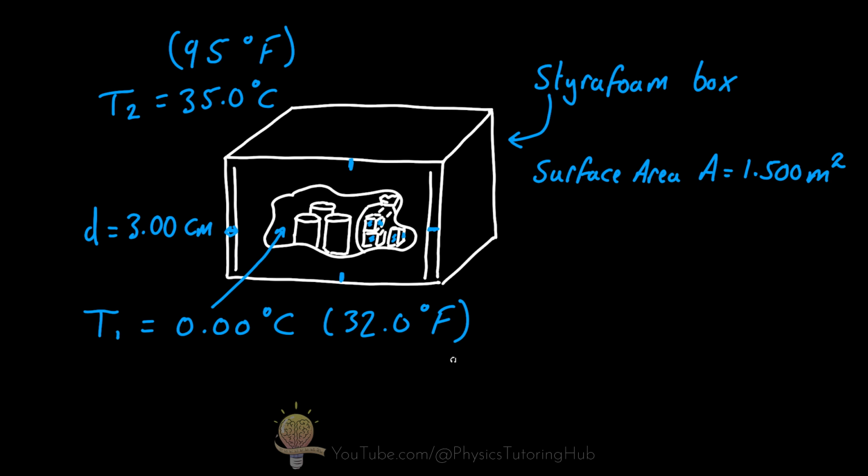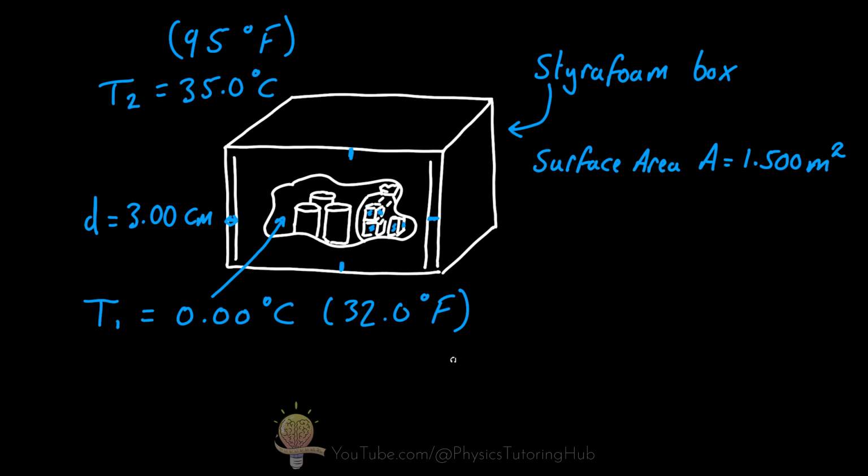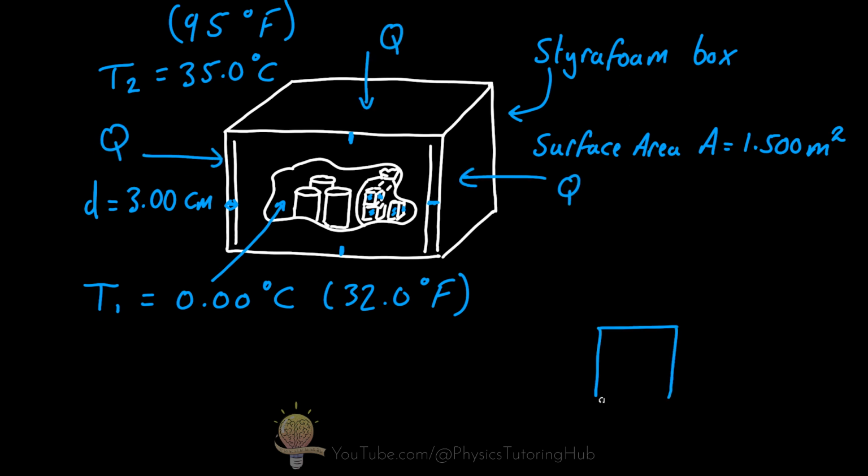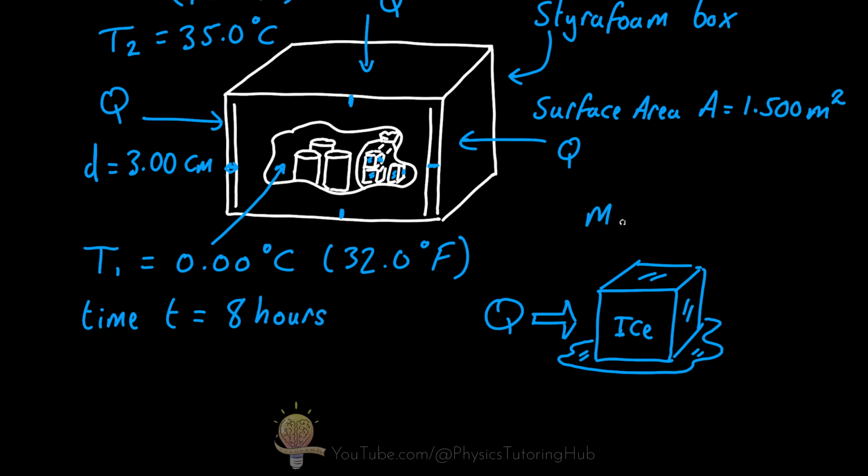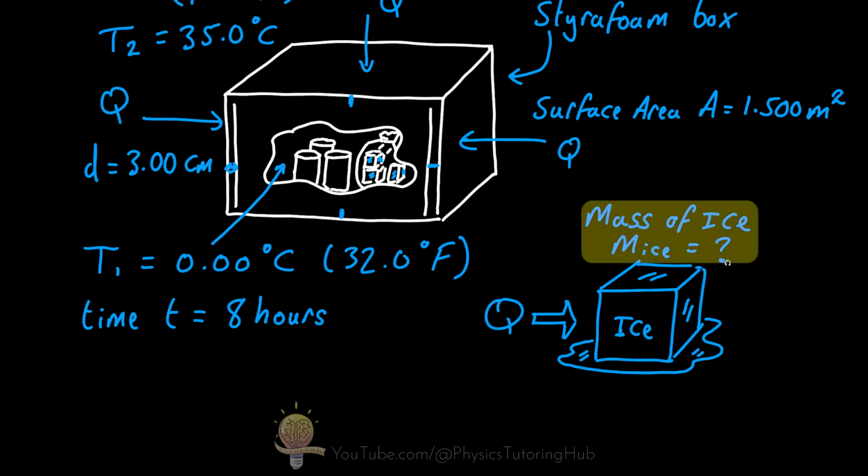And lastly, the styrofoam itself has a thermal conductivity of 0.01 joules per second per meter per degree Celsius. So we want to find out how much ice melts over an 8-hour period. In other words, how much ice do we need to keep all our drinks cool over this 8-hour period?